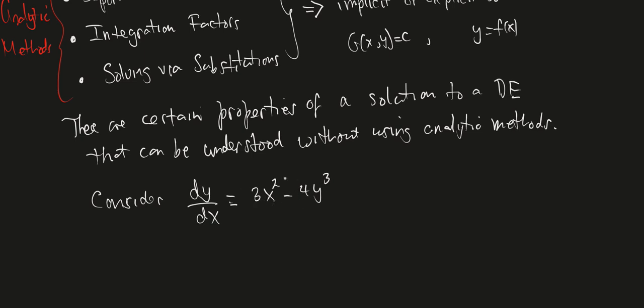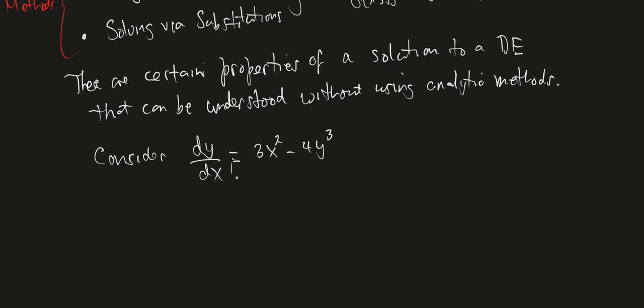So this is a good example of saying, okay, we couldn't use any of our analytic methods to come up with a solution, but we can still answer questions about possible solutions of this differential equation.